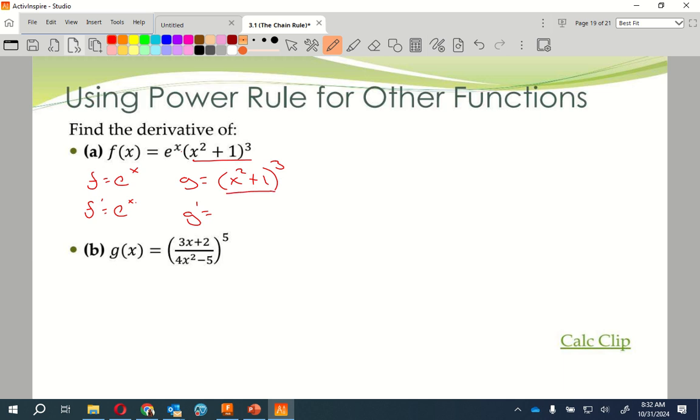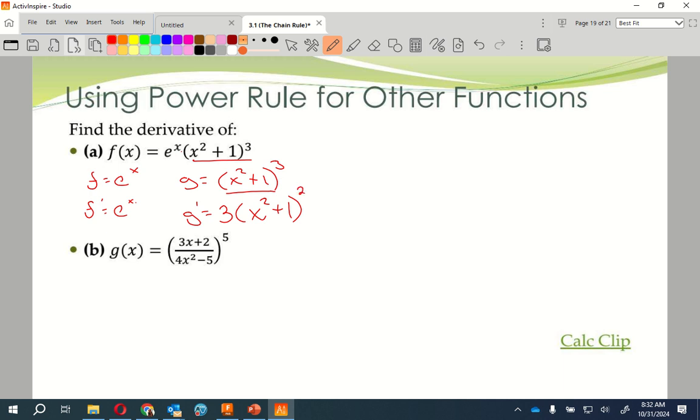I would take a derivative of that, and that would give me, where'd the 3 go? 3 goes out front, right? So it's 3 and my u, which is x squared plus 1 to the what power? Second power, right?